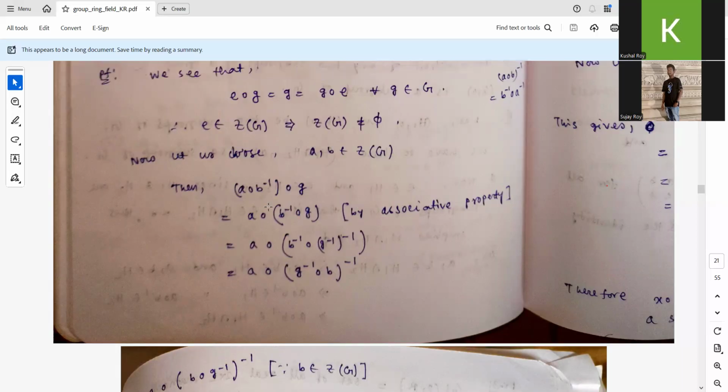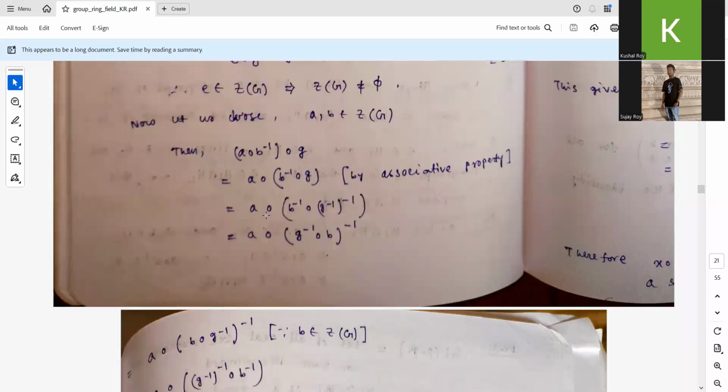So we start from a composition b inverse composition g. Using the associative property, b inverse composition g, where g can be written as g inverse whole inverse. So we are taking g inverse whole inverse in place of g.